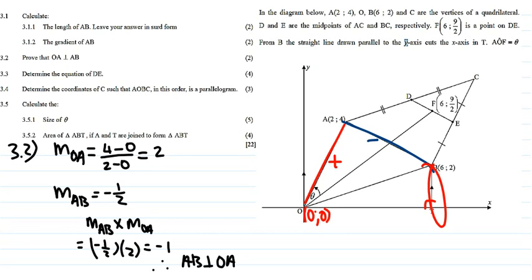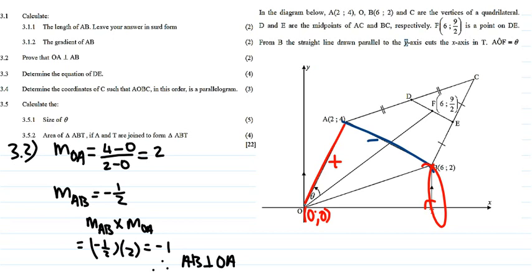This is the correct way to approach this question. If you just write that OA times AB is equivalent to -1, well, no. You see, you have to prove. What you are doing is assuming already that they are perpendicular. Yes, and that's what I'm saying. The catch is right there in how you're going to present your proof.